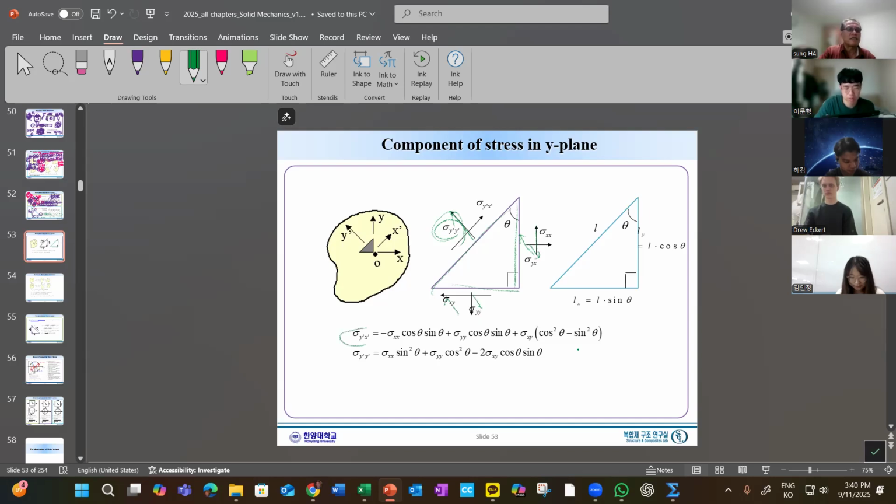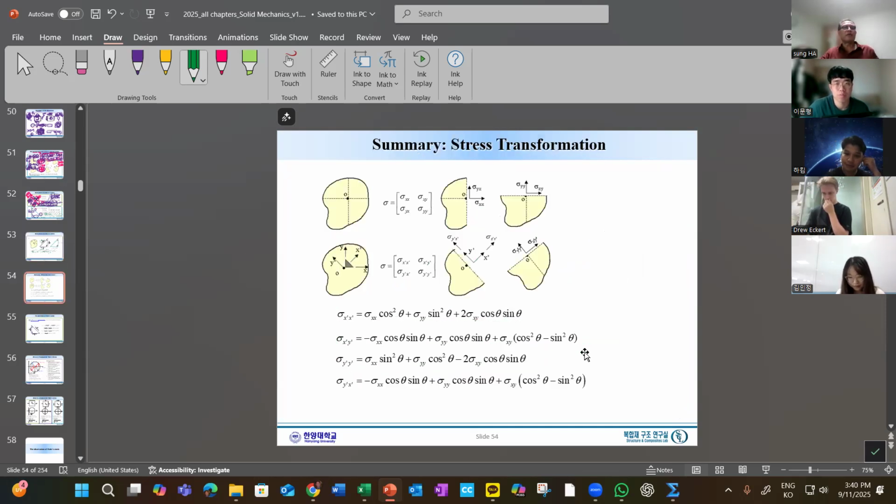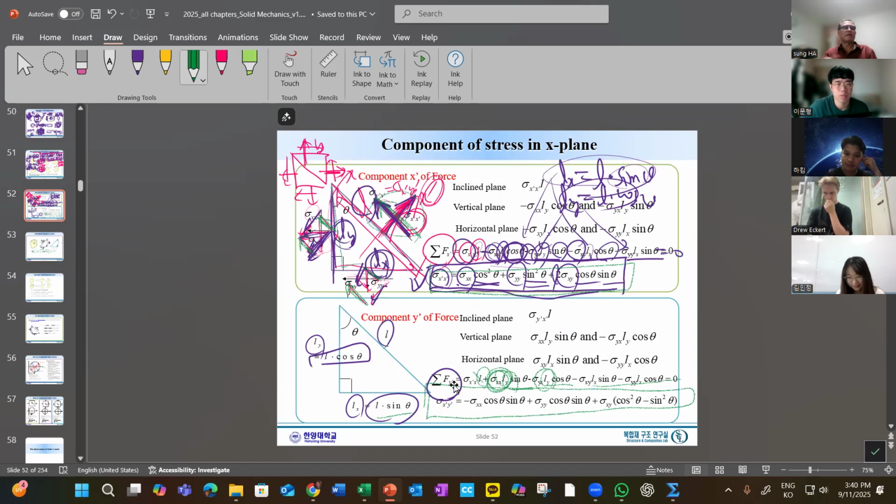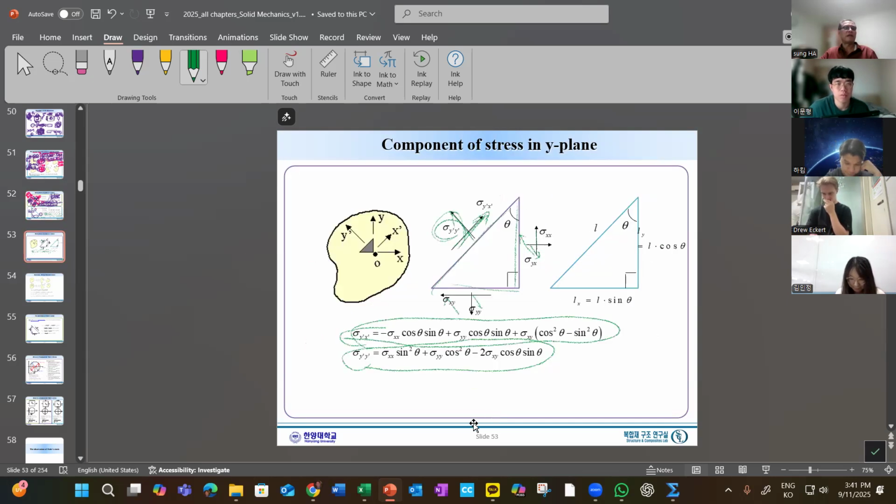We get this. I'm sorry, the x prime, y prime, y prime. We get this, and then another equilibrium we have from this y prime direction, and then this is x prime, y prime. Okay, so how many equations do we get? We get 4 equations. 1, 2, 3, 4.